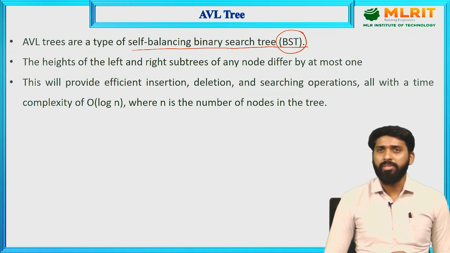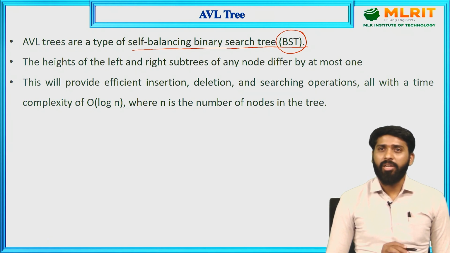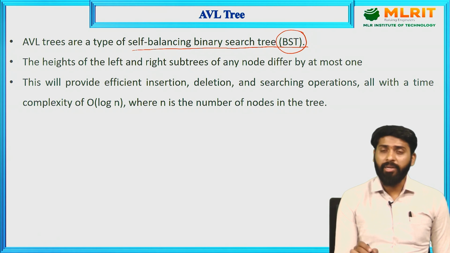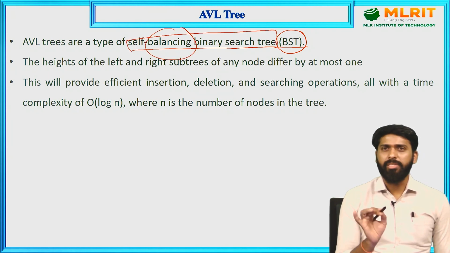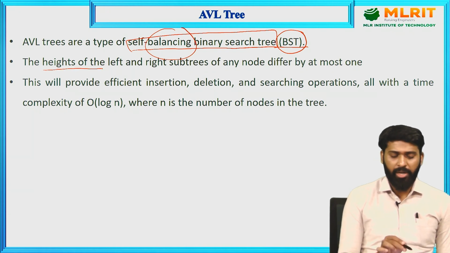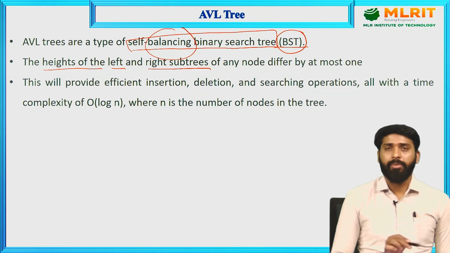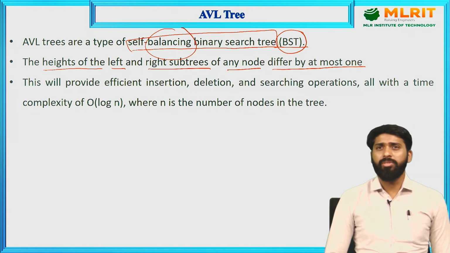That is the binary search tree definition. Now, an AVL tree is also a type of self-balancing binary search tree. What is balancing? Balancing means the heights of the left and right subtrees of any node differ by at most 1.